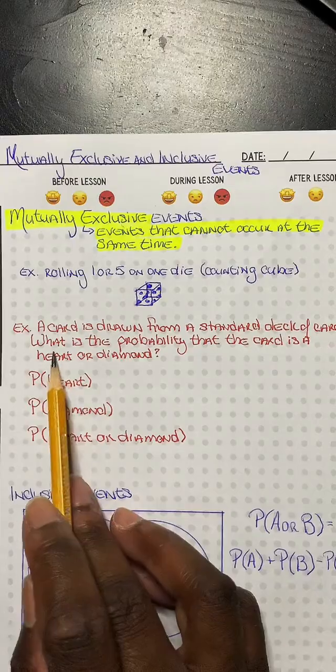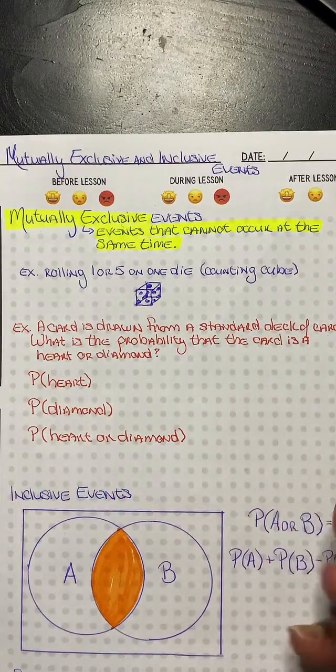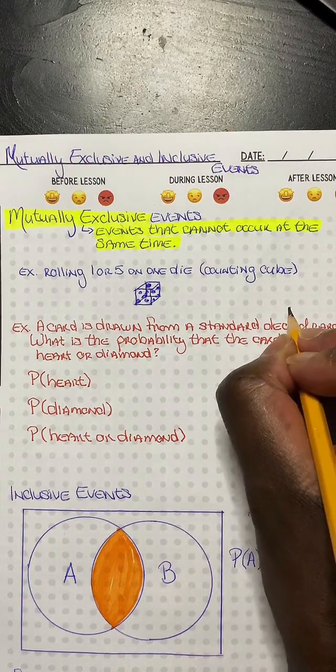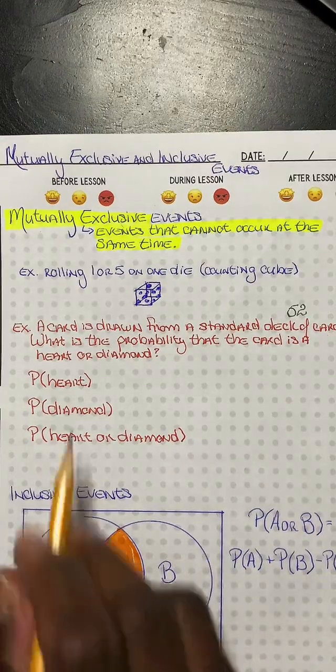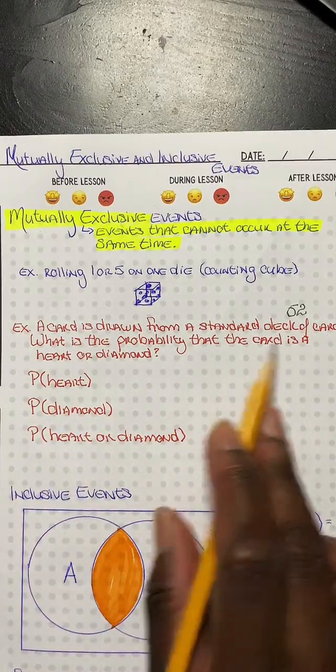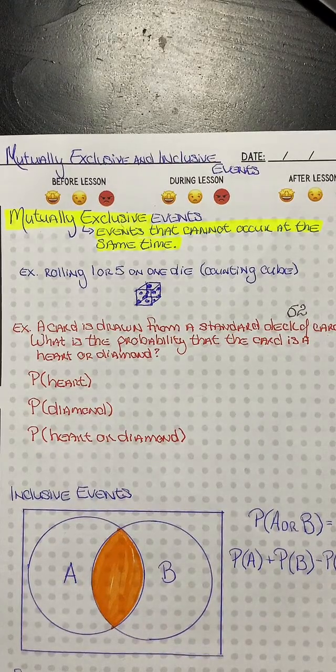Okay? So, a card is drawn from a standard deck of cards. Standard deck of cards, that means there are 52 cards in that deck. What is the probability that the card is a heart or diamond? All right.